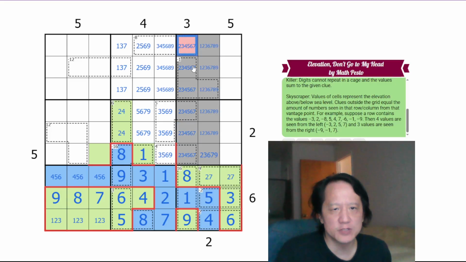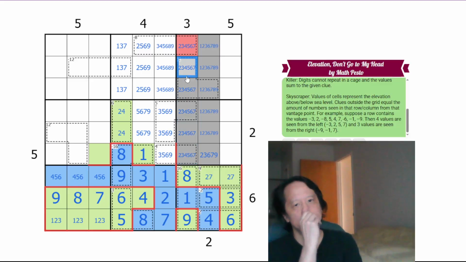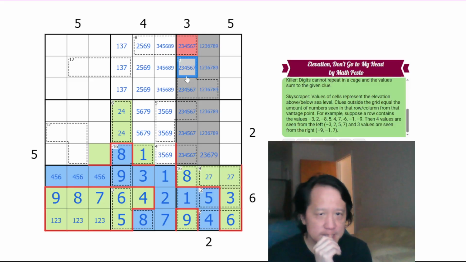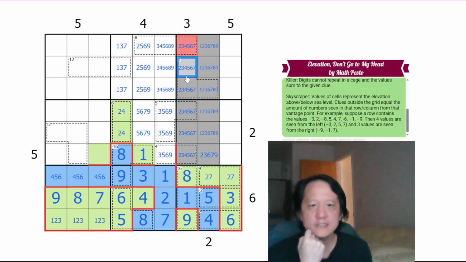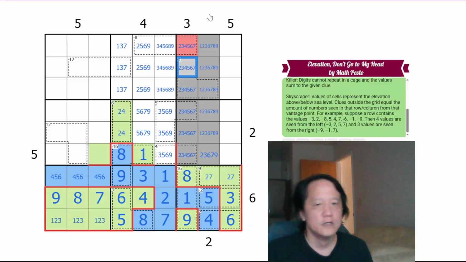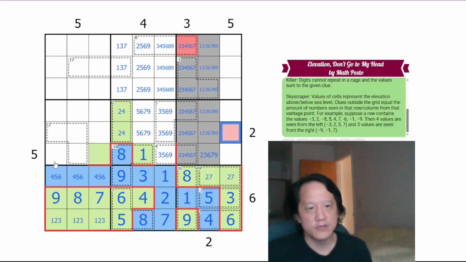It will spot this one. It cannot spot any of these. This one will spot this one, obviously. This spots this one, obviously. Here and here.